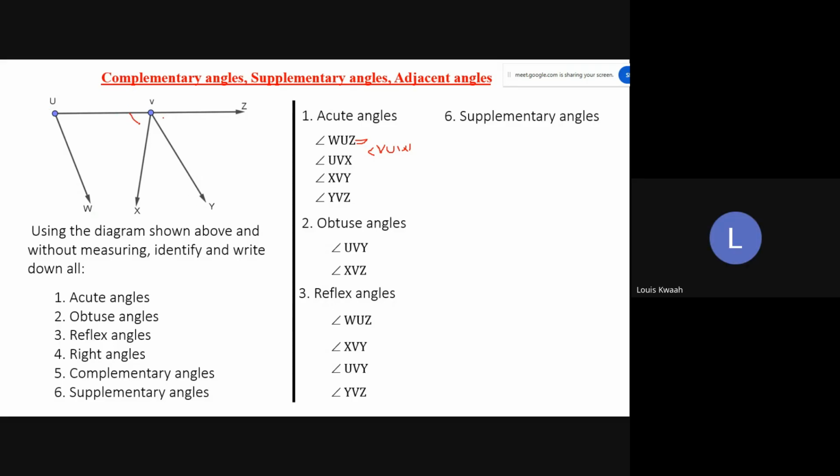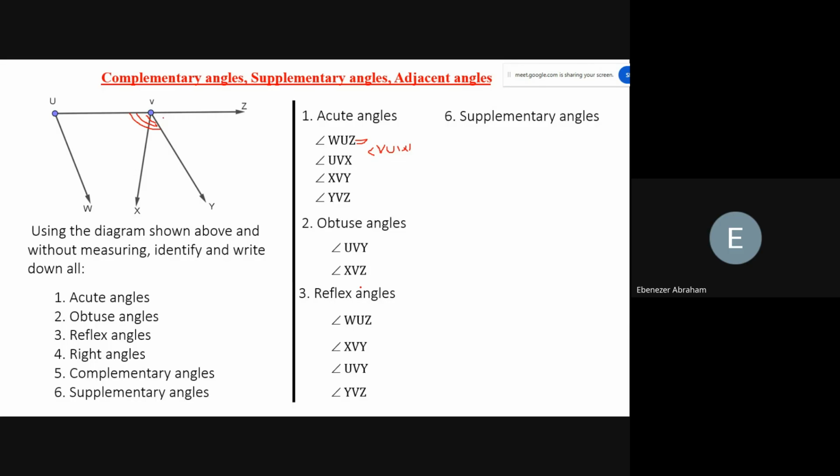Okay, I'm talking about the UVY. And then YZ. Always, the letter where the angle is formed should be in the middle.